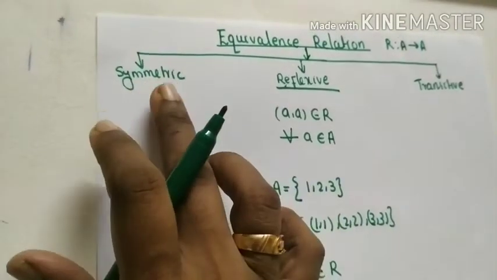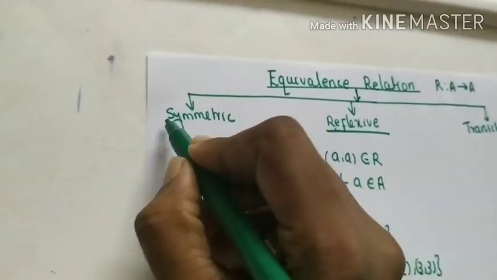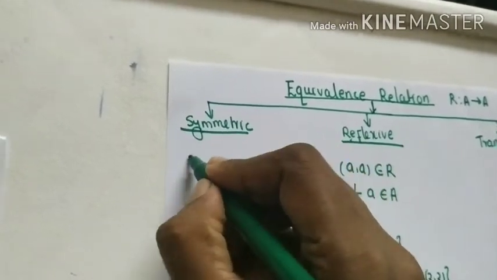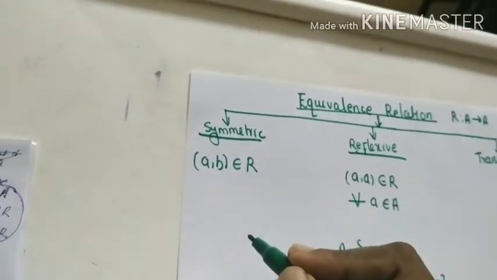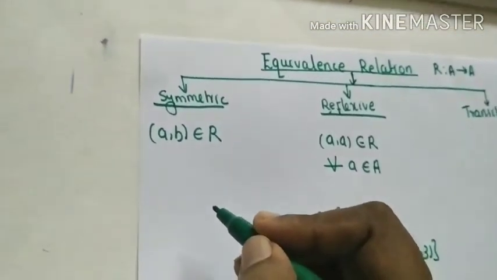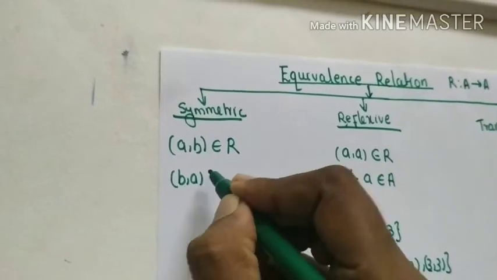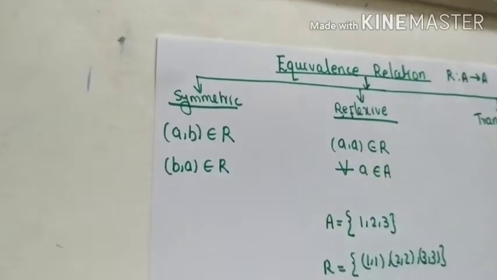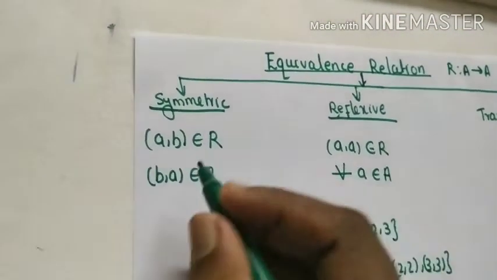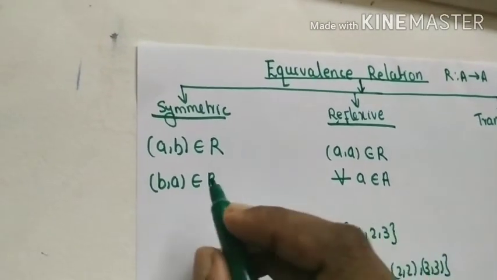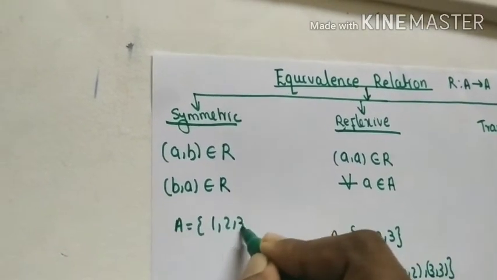Next we move to symmetric relation. If I take two elements from the given set and I say (a, b) is an element of R, if I want this relation to be symmetric, in that case this must imply that (b, a) also must be an element of R. So moving back to the same example, let A equal {1, 2, 3}.